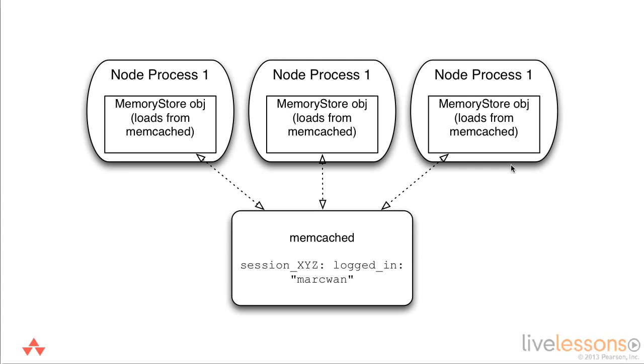Now I can have any number of node processes, and we'll have them use a different kind of memory store that instead of just keeping a little chunk of local memory available, always knows to go to this memcached server and get the data there. Now, no matter who gets the request, they're all looking at the same memory store, and they'll all be able to get the correct data like that.